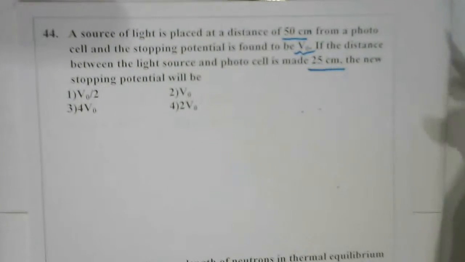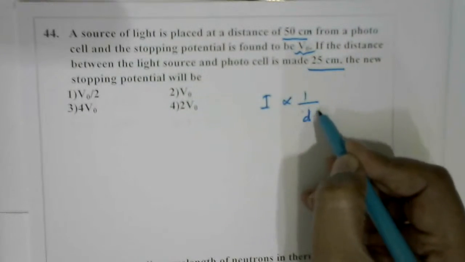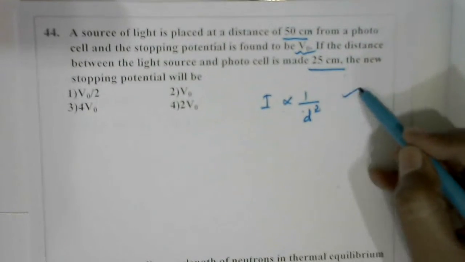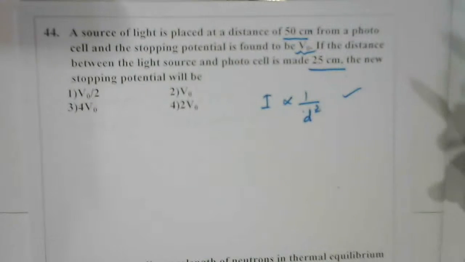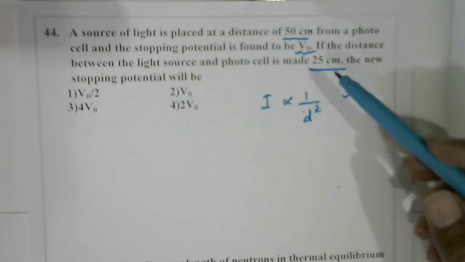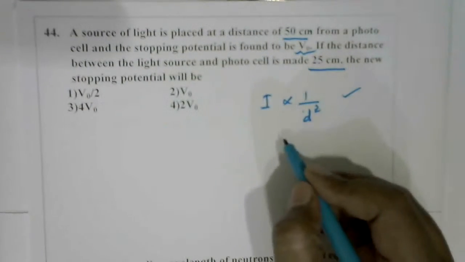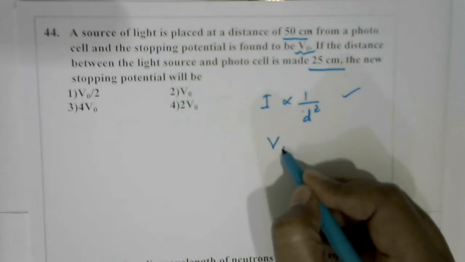See, of course, we know that intensity is inversely proportional to square of distance. On this also, you'll get some questions. Maybe I think somewhere one is there. I have included. But yes, Prajwal, okay. But question here is to work out on the stopping potential. You know that stopping potential is only depending on the what?